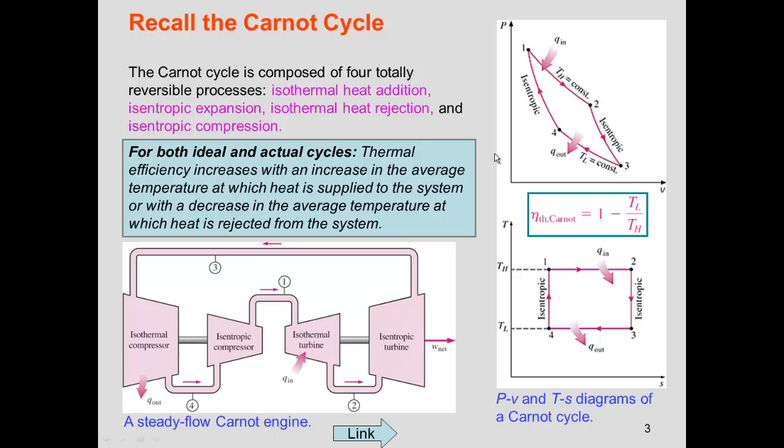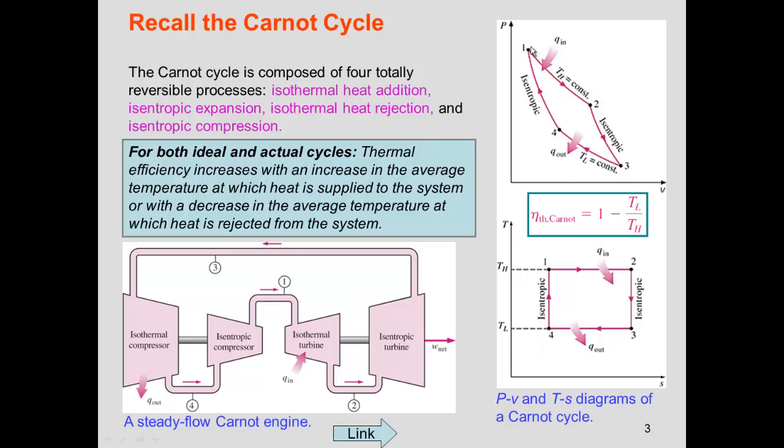Recall that the Carnot cycle is comprised of four different processes. We start with an isentropic compression. Once we compress the gas, it increases its temperature. It's isentropic, so it goes along this line. Because we are compressing, we are reducing its volume. Then we add energy by transferring heat isothermally.